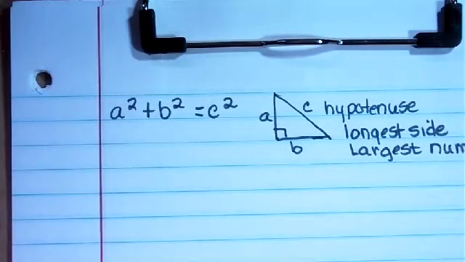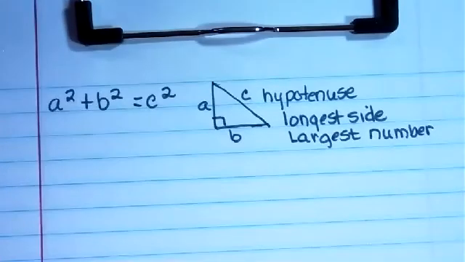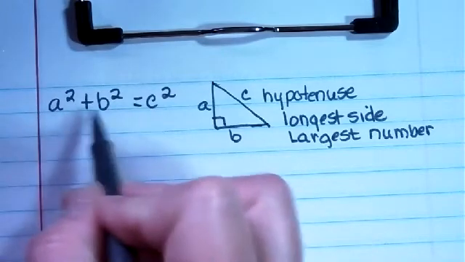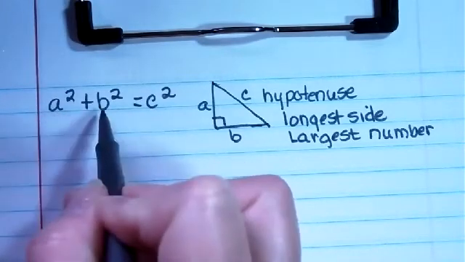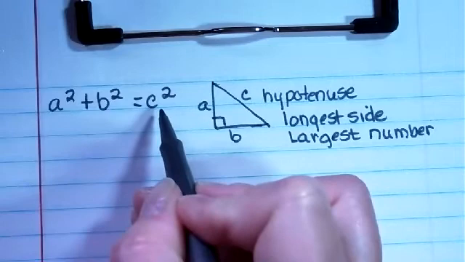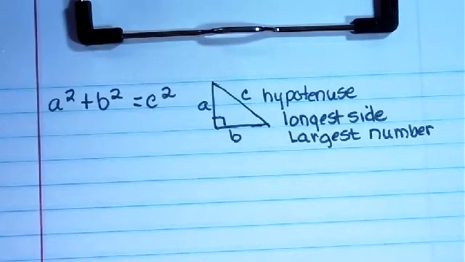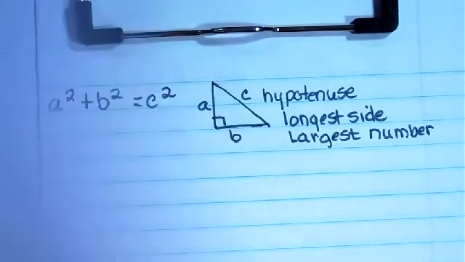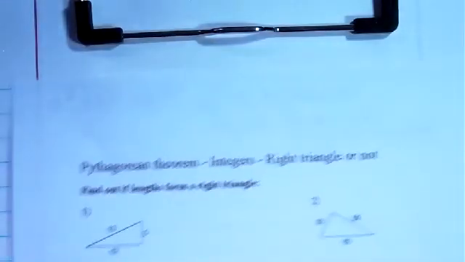So A and B have to be the numbers that are smaller. I always think of fountain drinks, where you have a small, medium, and a large. So the small and the medium numbers are your A and B, and C is your largest number.